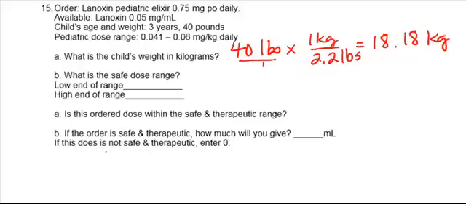Now, the next thing we want to do is determine the low end of the range of the medicine and the high end of the range of the medicine. The low end range of the medicine is going to be 0.041 milligrams per kilo, and this is daily.